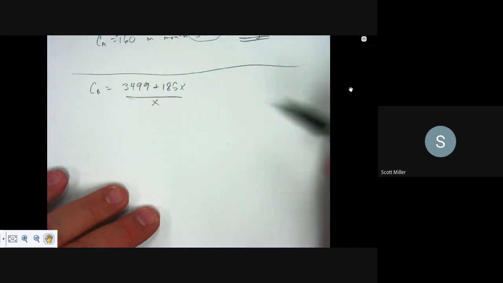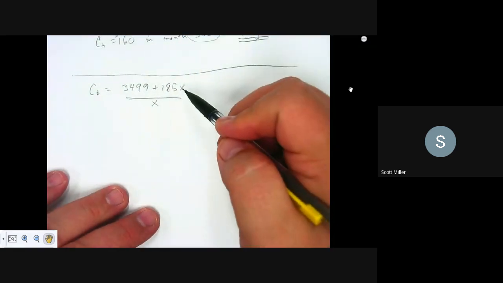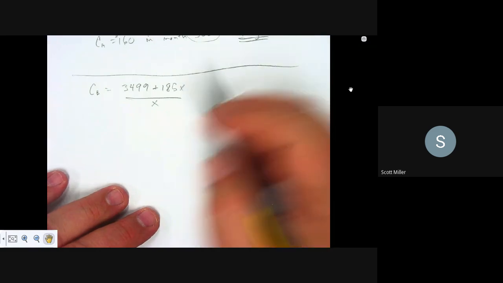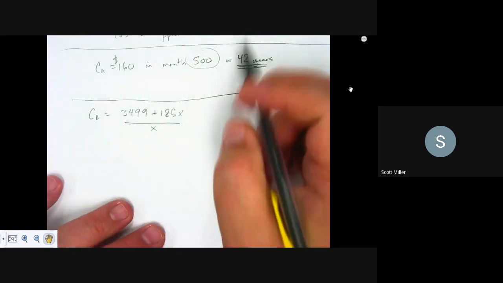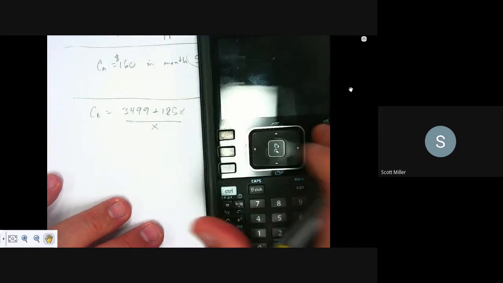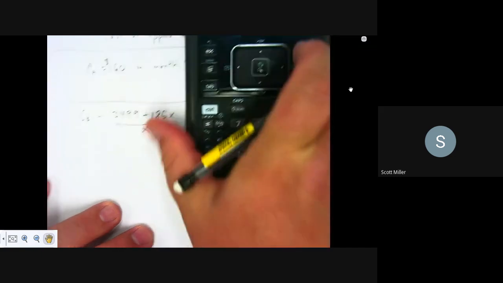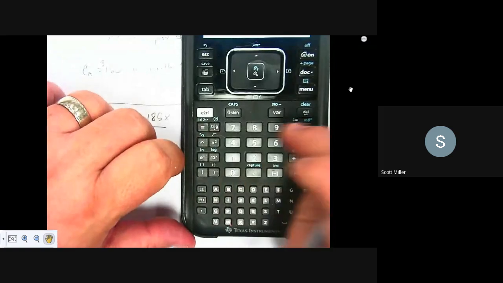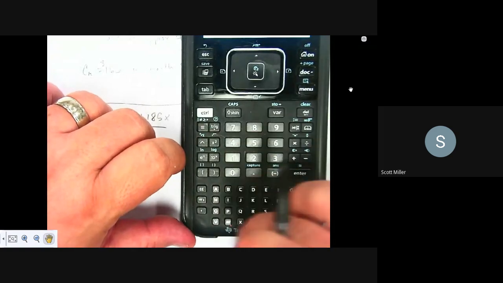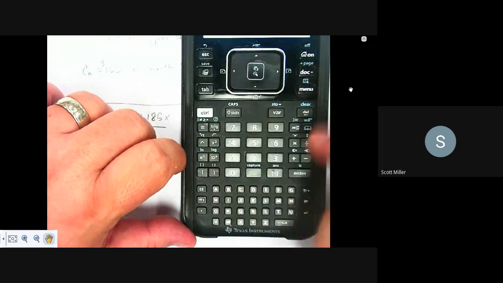It's all about the number I pick. If I have a number that's very, very far out, 500 is far, but it's not far enough. Let's go even farther and look at the equation to help us figure out these numbers. I'm going to type this in fraction form: 3499 plus 185 times a number.